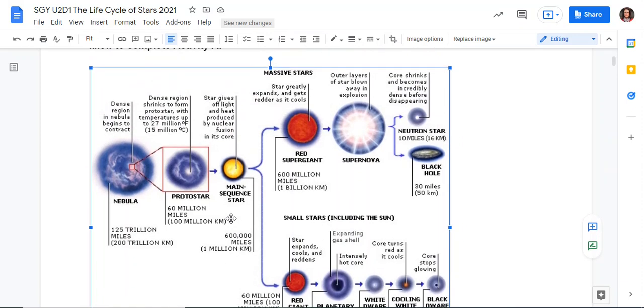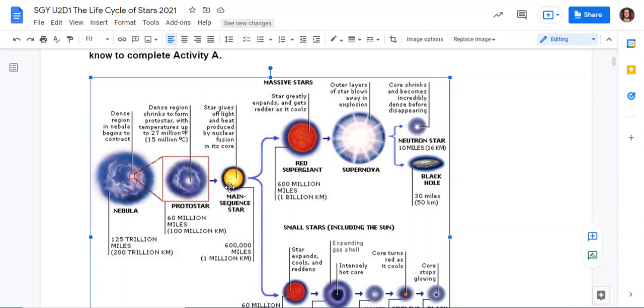Now let's circle back and go to this main sequence star, but this one would be a higher mass star. Well, then it's going to have a different path, and it's going to go up to the top here. In that case, once it has burned its fuel in terms of the fusion in its core, it is going to greatly expand, getting redder as it cools, and become a red supergiant.